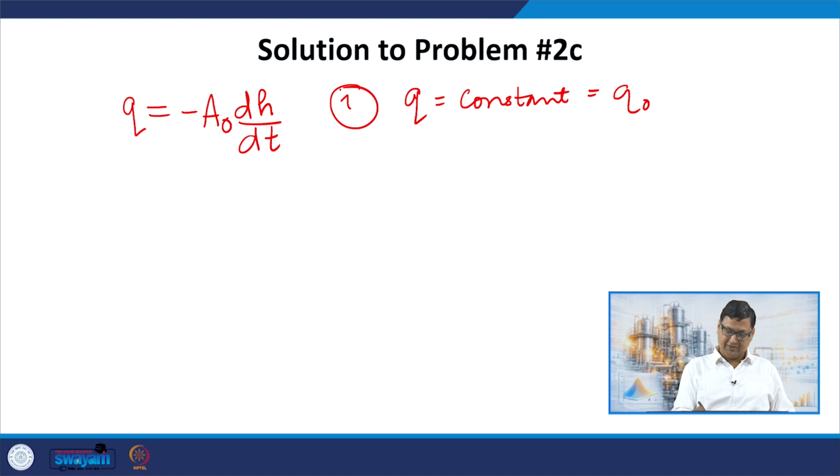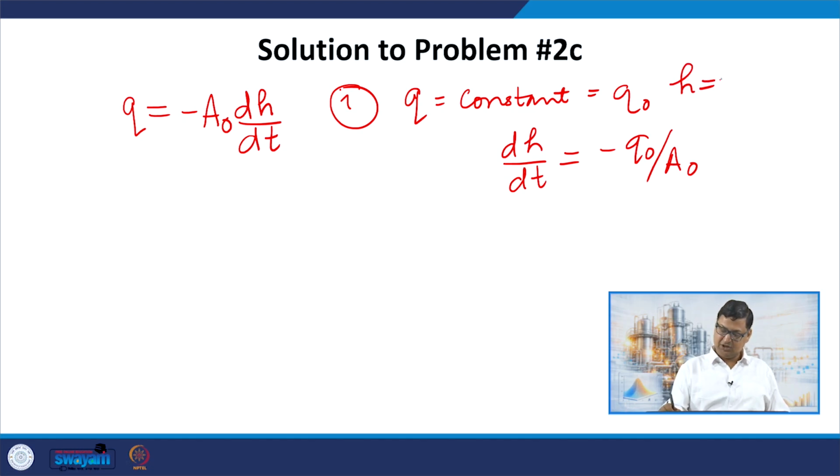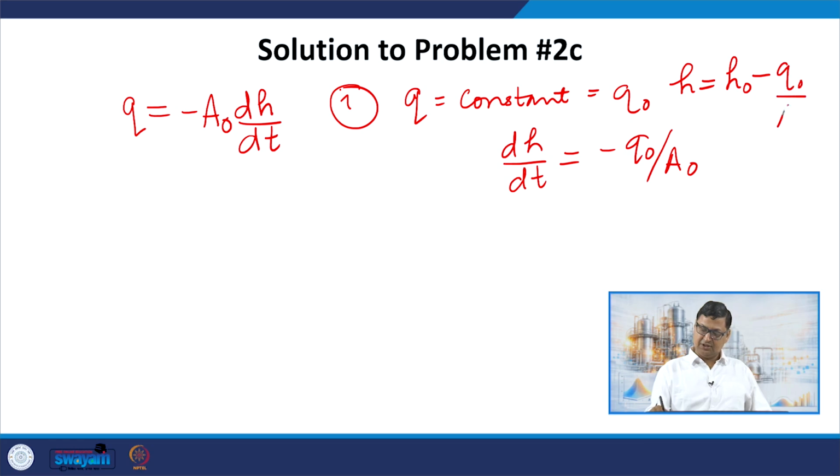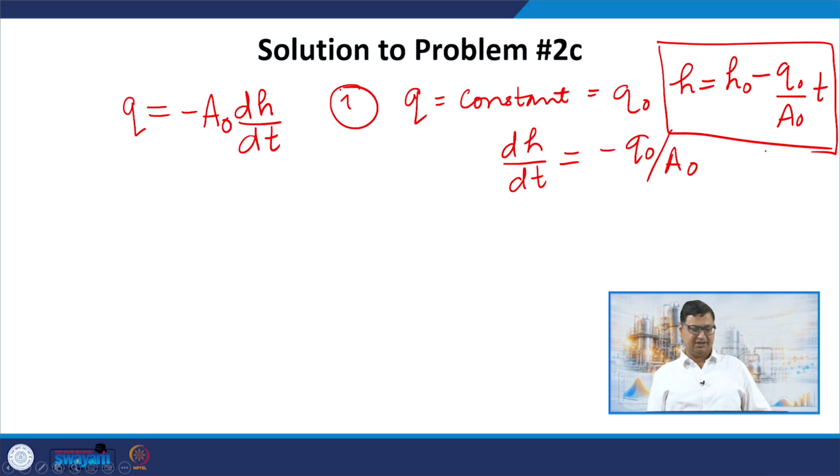In that case, A naught dh by dt is equal to minus Q naught. So, I can move this A naught to that side, and I am going to get minus Q naught by A naught there. So, h is going to be, in the beginning, some h naught minus Q naught by A naught times t, a linear function in t.